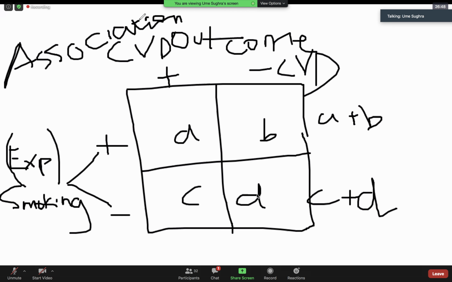Now, a contingency table is that whenever we fill these cells, A, B, C, and D, with appropriate frequency numbers, right? Say, for example, if you have taken 100 smokers in your research, like if this A plus B is 100 smokers and there are 100 non-smokers. Now, out of all these smokers, how many of them developed cardiovascular disease?